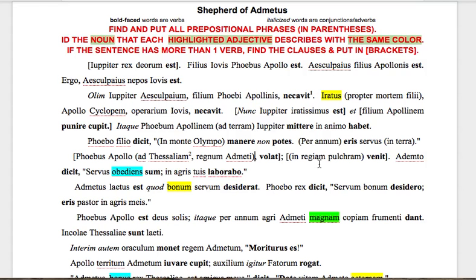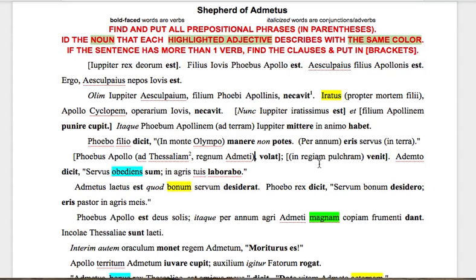Do not attempt to read Latin without thinking about where the clausal breaks are, especially if you have more than one verb in a sentence. If you start to move words wherever you want them into a sentence, play this kind of guessing game, you're going to get very confused and very mixed up about how to put things together.